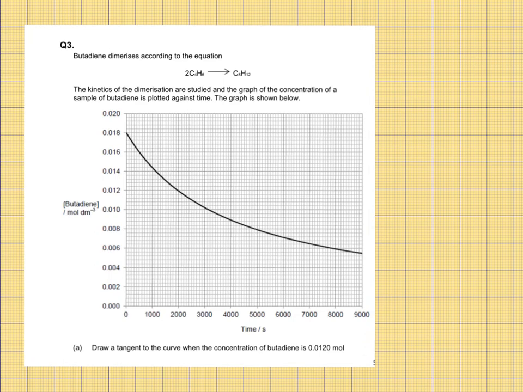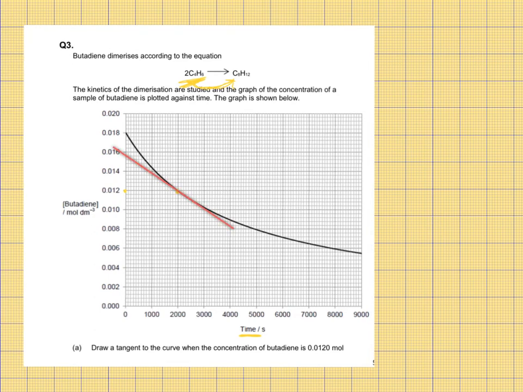It gives you a graph for the reaction as the reactant, the butadiene, dimerizes, joins together to form these molecules, plotted against time. So this is a time concentration of reactant graph. And it asks you to draw a tangent to the curve when the concentration of butadiene is 0.0120 moles, which is here.